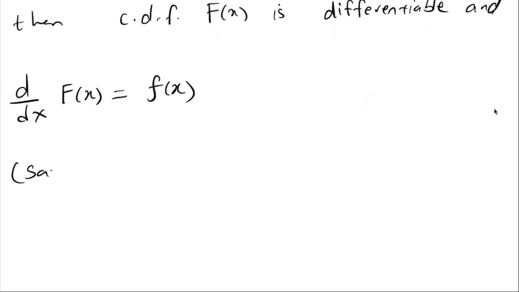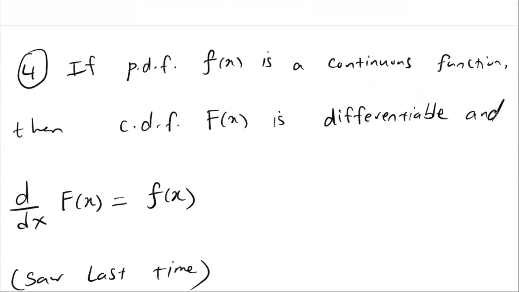This one we also saw last time. Just reminding you again about this property, if you remember, it originated from FTC part 1. Because this capital F is the same function that you called the area function in Math 114.